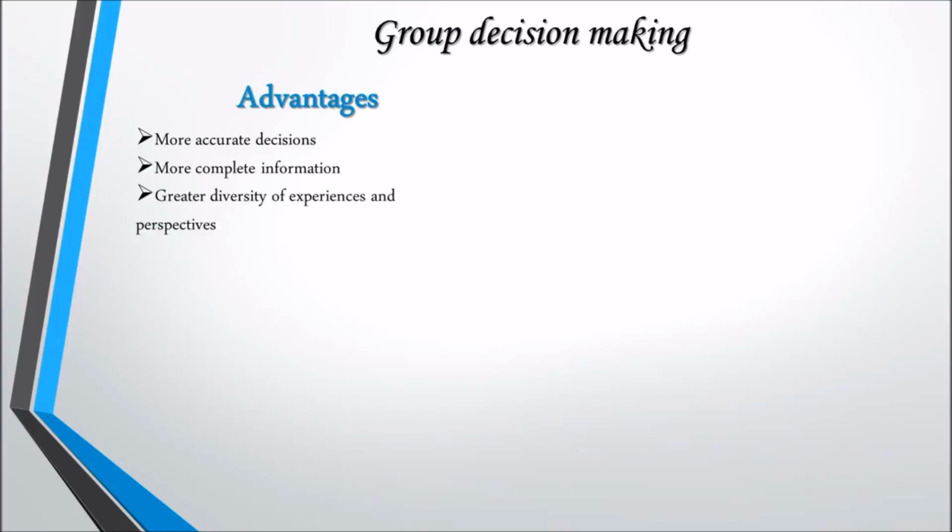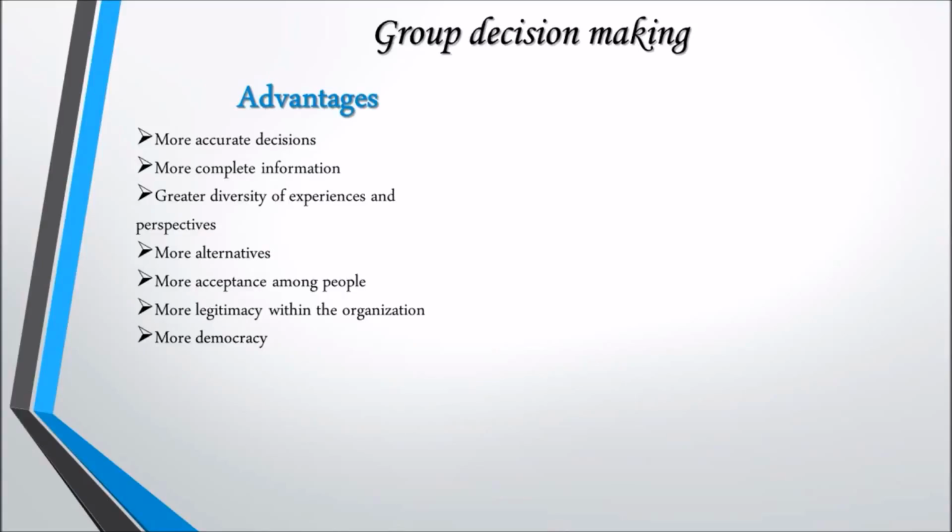So, comparing with individual decision making, group decision making has more advantages than disadvantages. Undoubtedly, it provides more accurate decisions as it includes more complete information, great diversity of experience and perspectives, better quality and diversity of information due to different groups and specialties, and more alternatives.